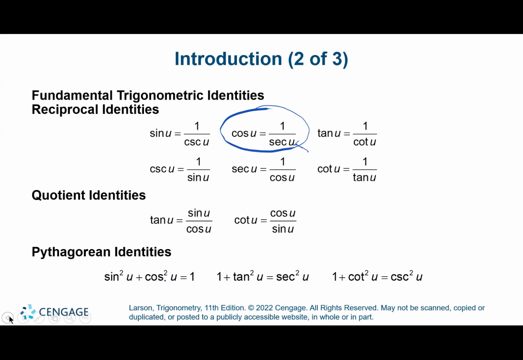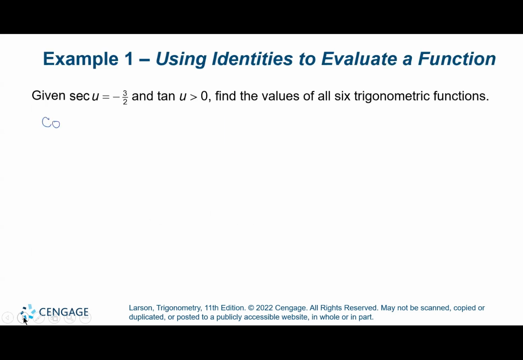So I know that cosine of u would be 1 over secant of u, and I know secant of u is negative 3 over 2. So I'm just plugging in, replacing secant with negative 3 over 2 because I know that they're equal to each other. So that just flips this over, and I get negative 2 over 3. So there's cosine. So one out of the way.